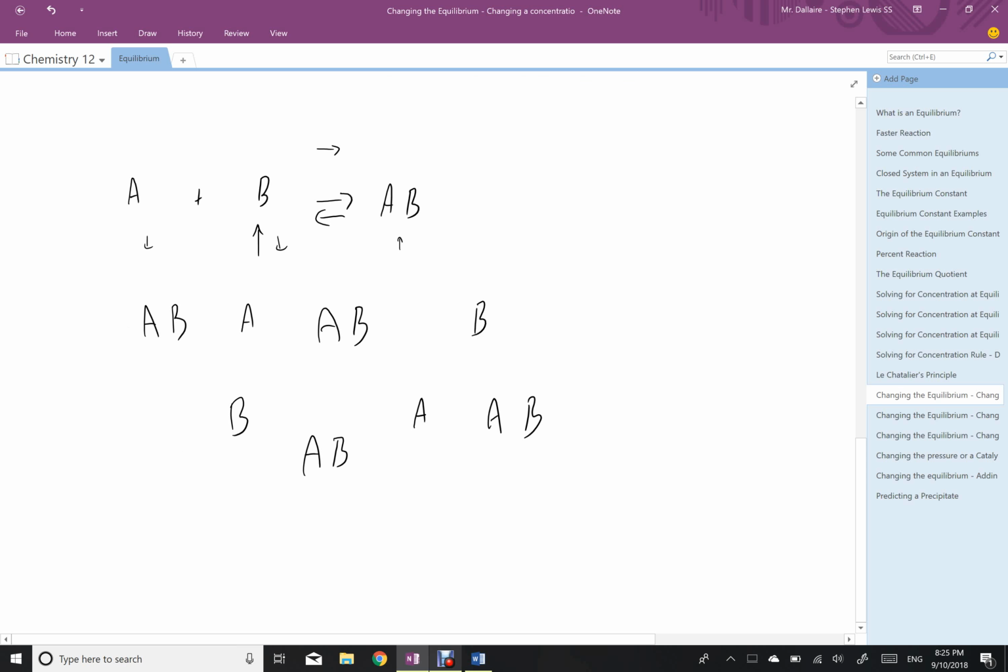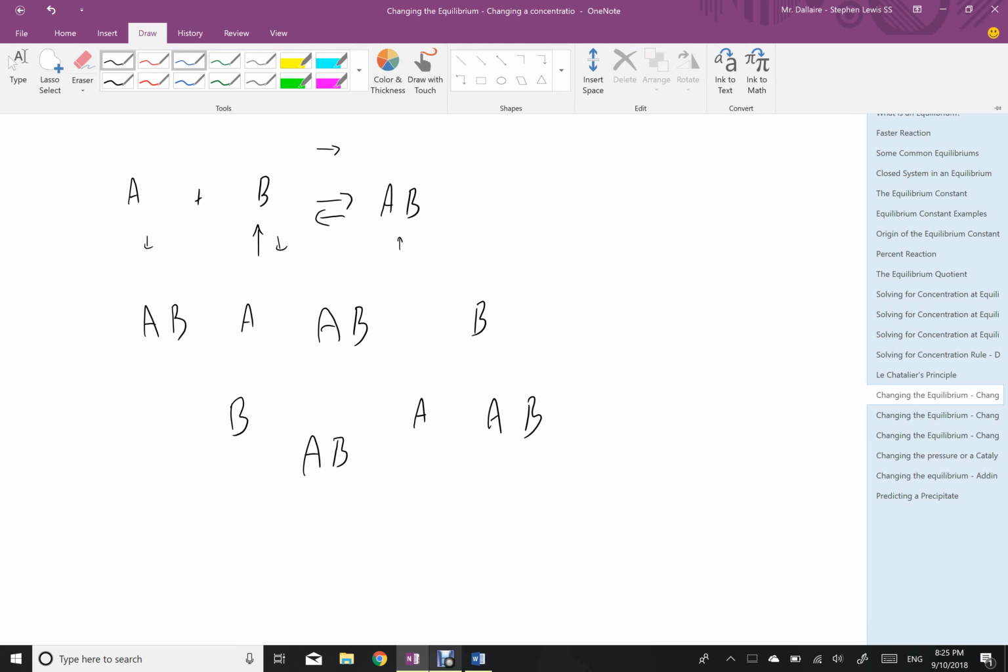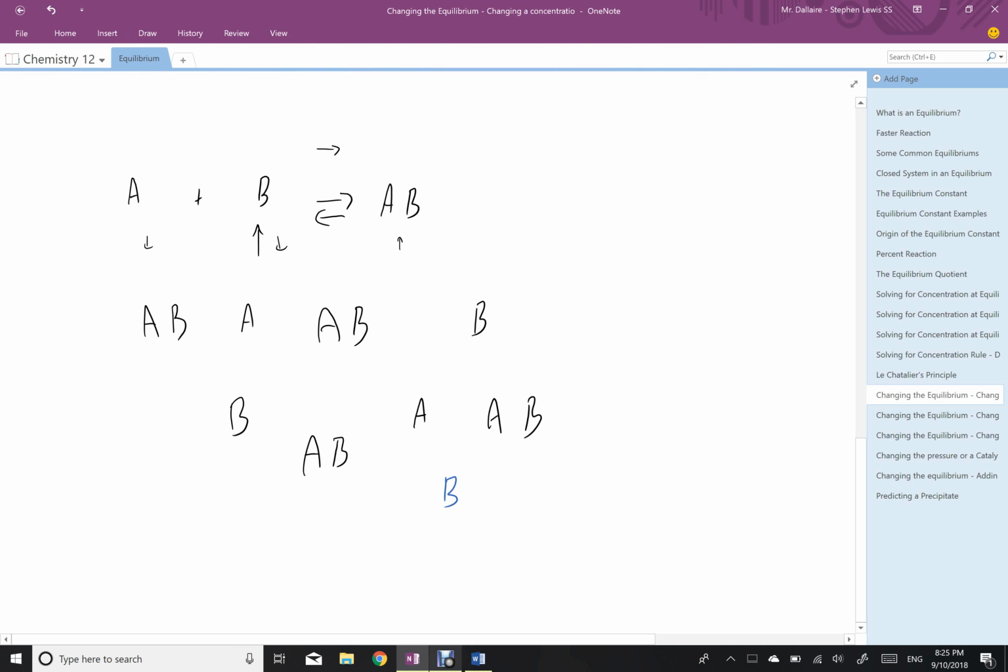Well, let's think about why that might be the case. Let's say I added a whole bunch of new B's in here. I'm going to make the new B's blue. Since one of the limiting factors for A combining with B to form AB is the likelihood of a collision between A and B, by adding more B's, it becomes more likely that one of these collisions will occur.